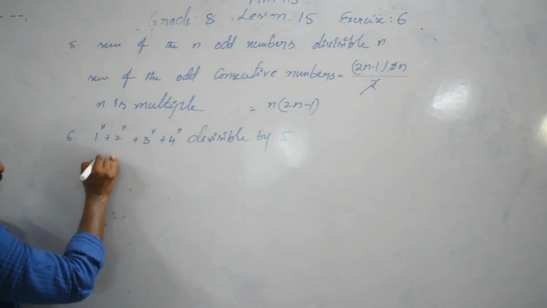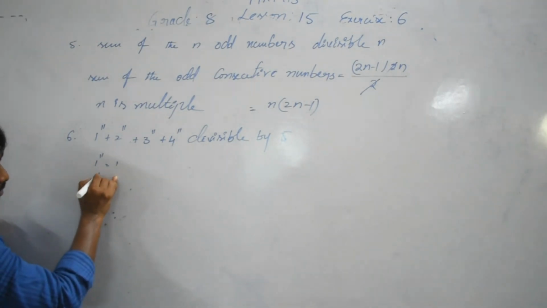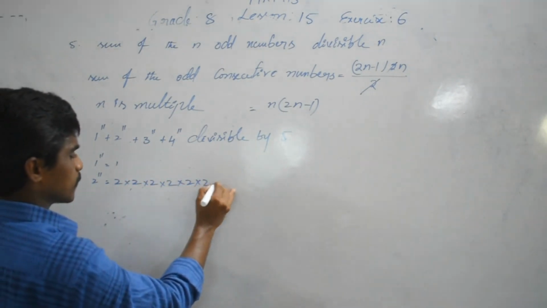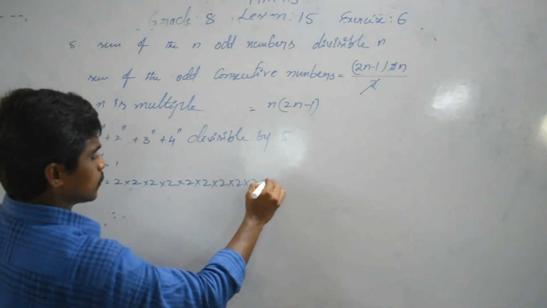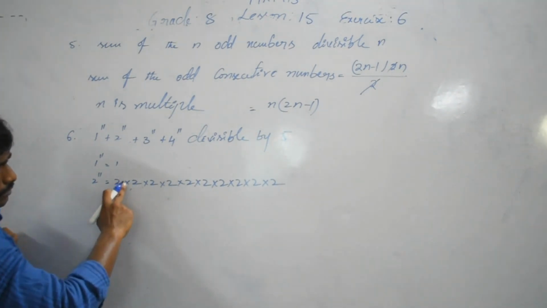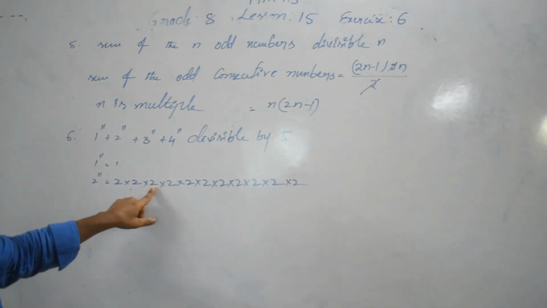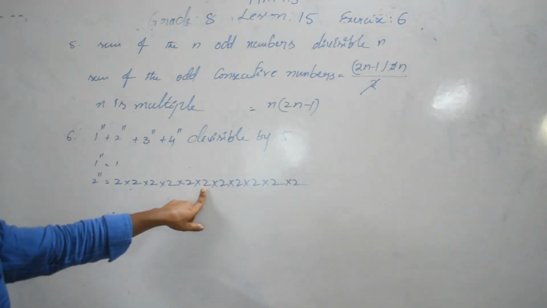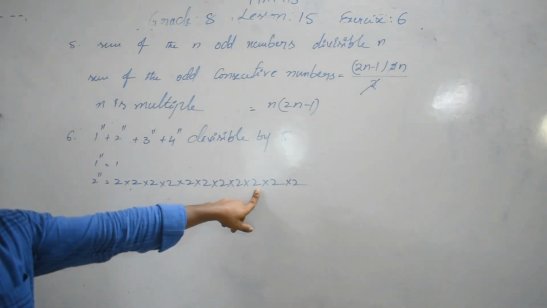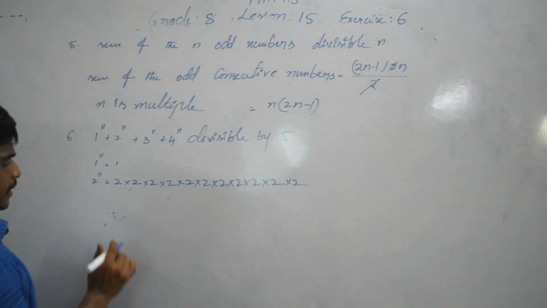So 1 power 11 is always 1. 2 power 11, how much? 2 multiplied by itself 11 times. Counting: 2, 4, 8, 16, 32, 64, 128, 256, 512, 1024, 2048.